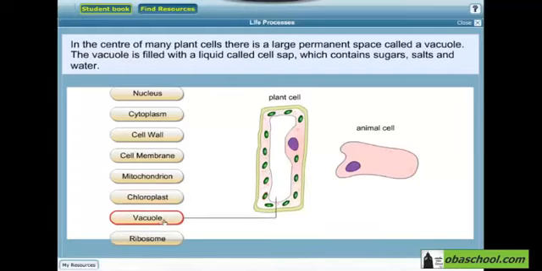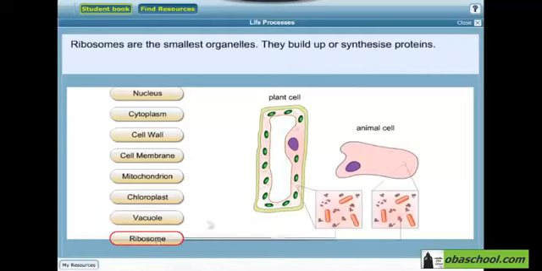The vacuole is found in the center of many plant cells. It contains water, sugar, and salts, which together are called the cell sap. And finally, we have ribosomes, which are found in both plant cells and animal cells, and they are responsible for making the proteins for both plant cells and animal cells.